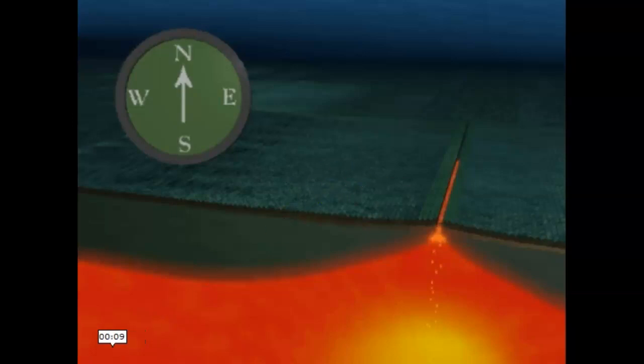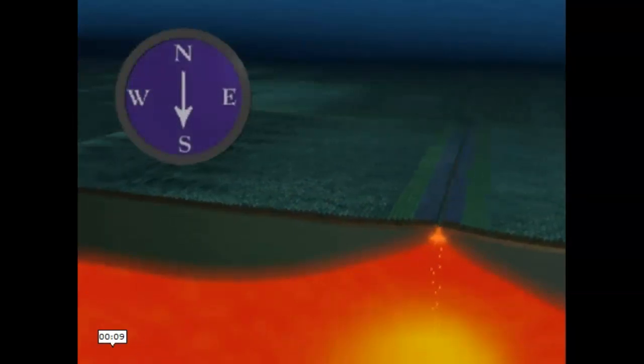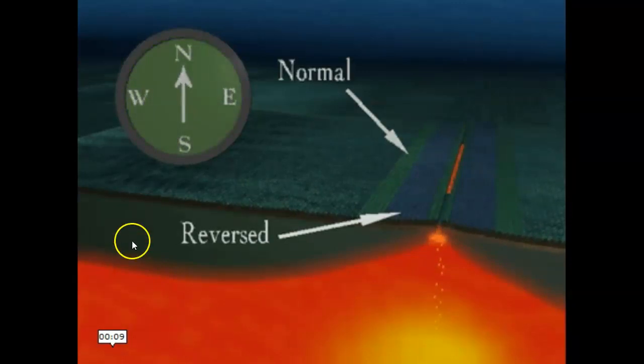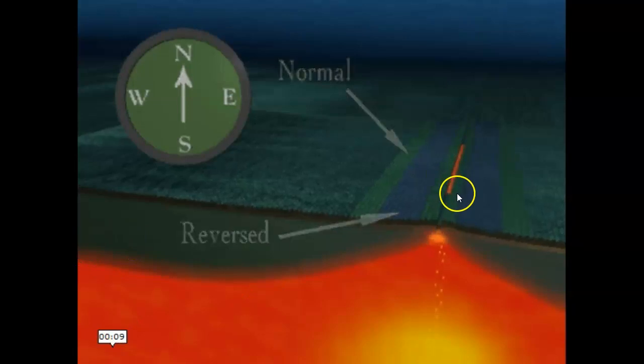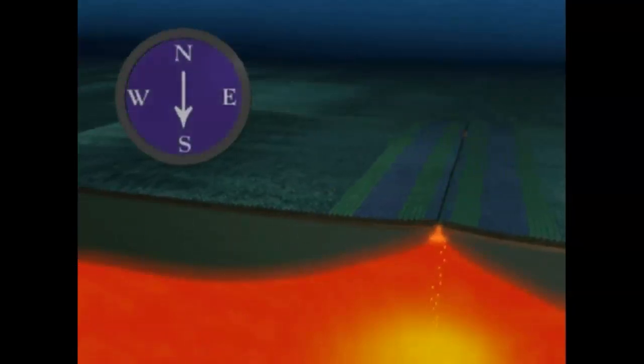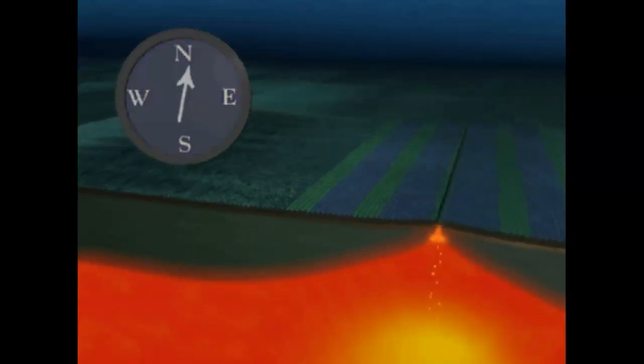What they saw when they looked at this spreading ridge, they took some core samples across this ridge. Not only did they find some weirdness related to ages, that the rocks here at the center were very young and got older as you move away, they also identified this striped pattern that was identical on both sides.